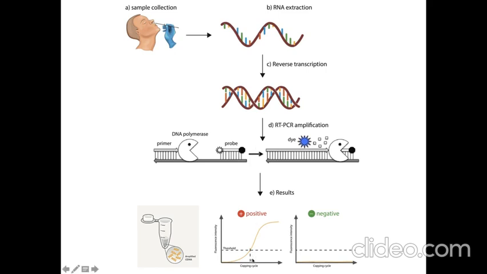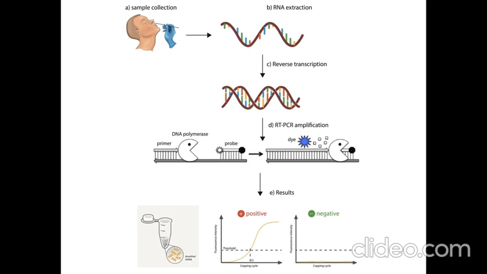And the result depends on the CT value. CT value means cycle threshold value, meaning at which cycle the fluorescence is going to be detected. It depends upon the viral load. If the viral load is high, there will be high content of the DNA, and we will get the detection early.